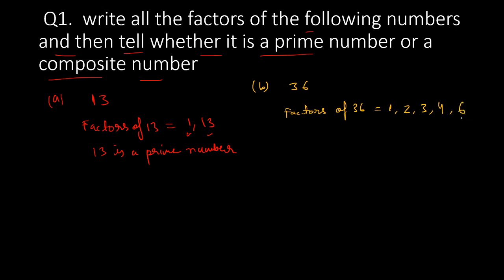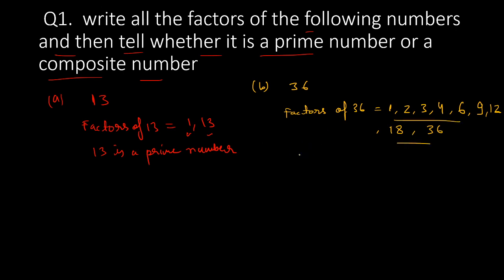Okay, and then 36 cannot be divided by 7, 8, and then it can be divided by 9 because 9 fours are 36, and then 36 can be divided by 12, and then 18, because 18 twos are 36, so 18 is a factor, and then 36 itself is a factor. So these are the factors of 36.